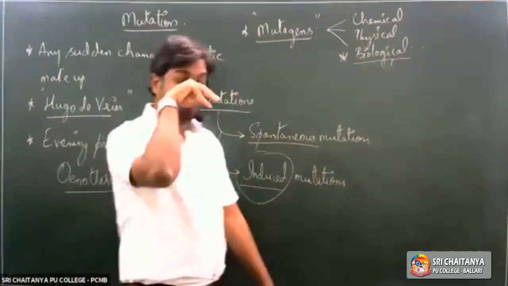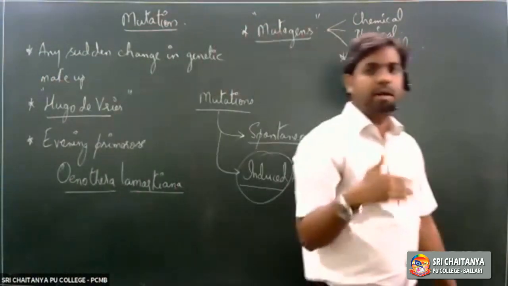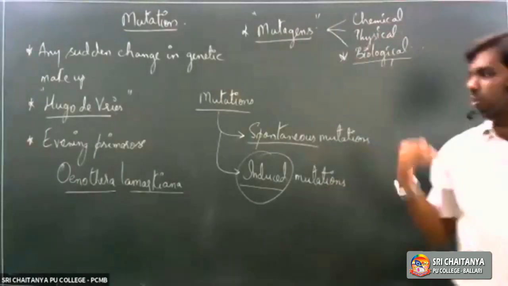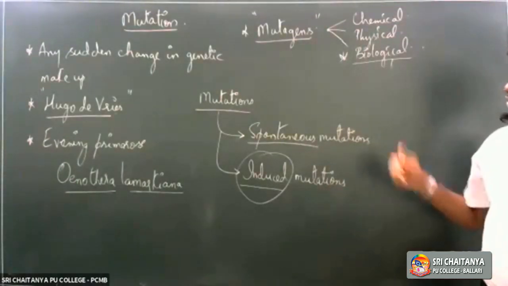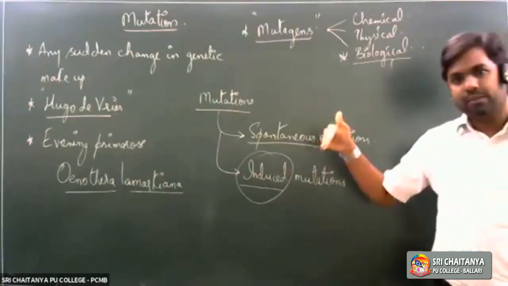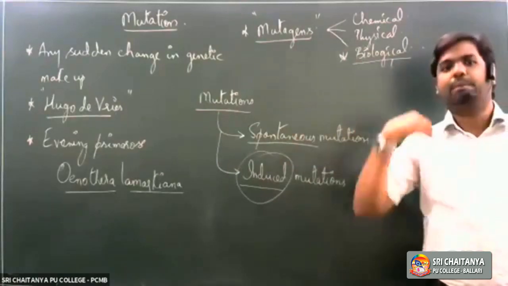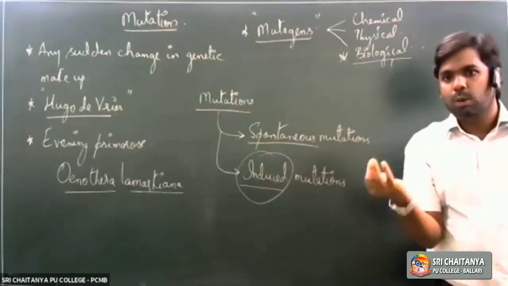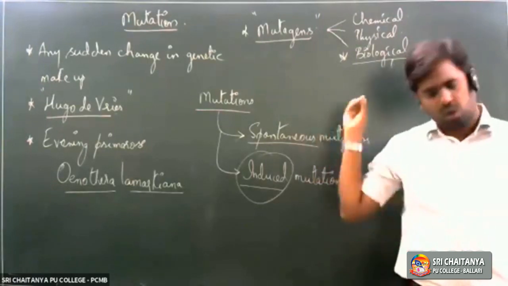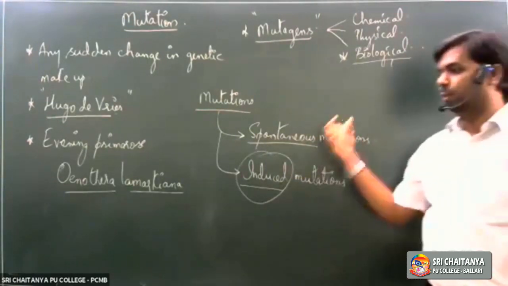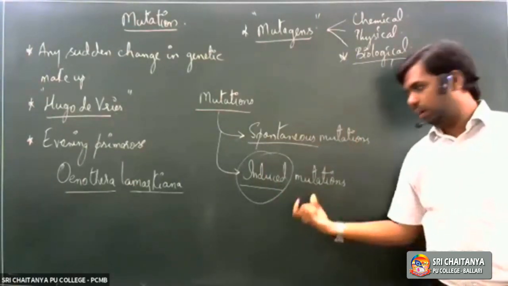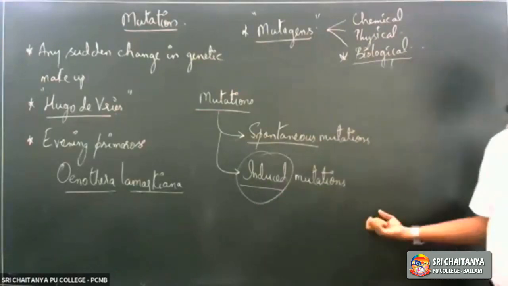So this is the first type of classification, the classification based on the origin: whether the mutation takes place spontaneously without the involvement of human activities, or with the involvement of human activities, which we call induced mutation.